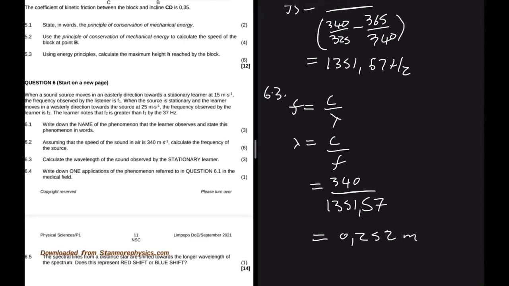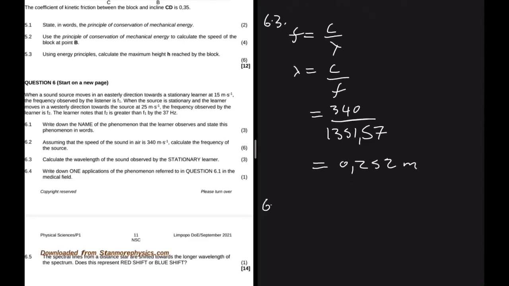And then 6.4 says write down one application of the phenomenon referred to in question 6.1 in the medical field. So that's the Doppler effect, right? And one of the applications is ultrasound, and then another application is measuring the heartbeat.